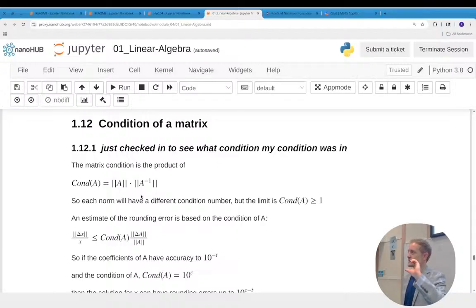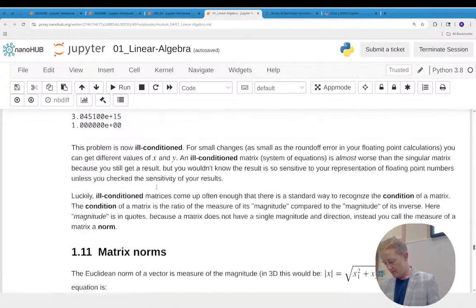So the inverse of A is 1/2. 2 times 1/2 is 1, so a condition number of 1 means it's as solvable as a single equation with a single unknown. Meanwhile, as it gets bigger and bigger, either the matrix itself or its inverse is becoming infinite. So it could be a really stiff problem.